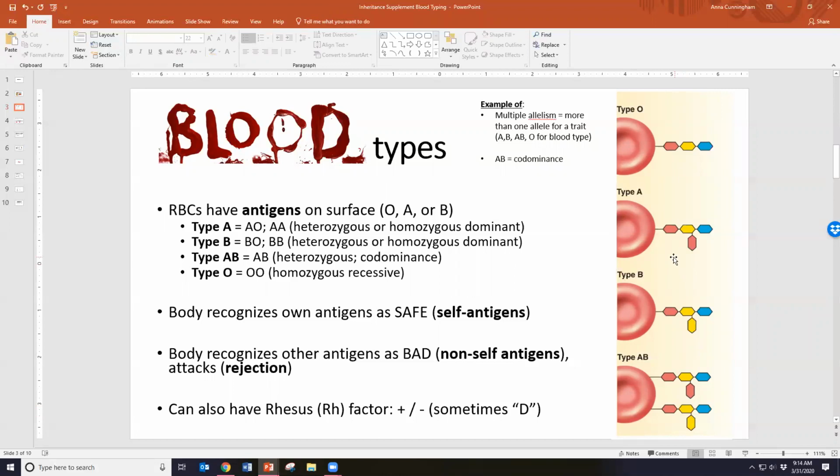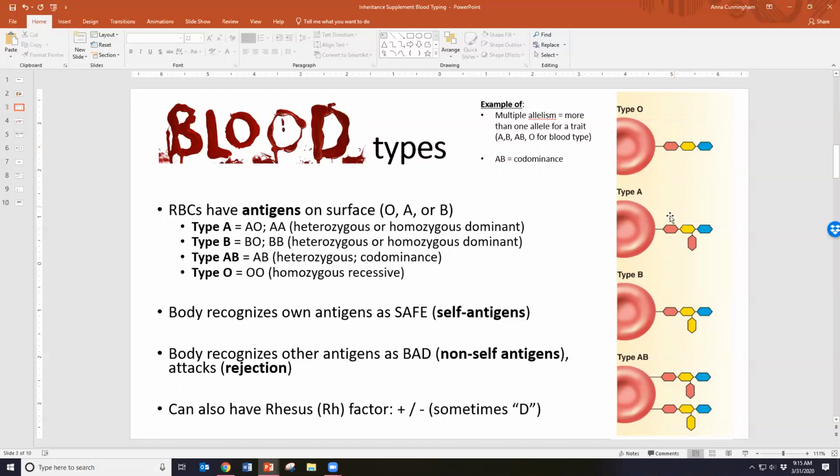Antigens are, as I'll talk about in a minute, little protein markers on the cell surface. And as we talked about, there are for blood cells 3 different versions of these antigens. So you can have type O, which you can see here in this picture is just this red, yellow, blue pattern. It's just one little protein.